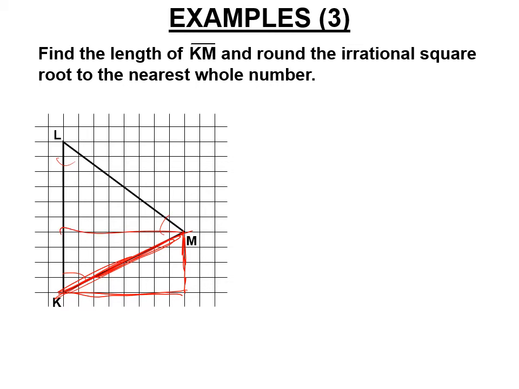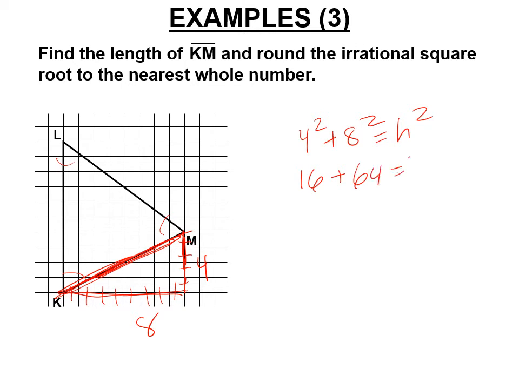Or you could draw it above, but we need a right triangle. And so this leg is 1, 2, 3, 4 units. This leg is 1, 2, 3, 4, 5, 6, 7, 8 units. So it's 4 squared plus 8 squared equals hypotenuse squared. 16 plus 64 equals h squared. 64 plus 16, 80. 80 equals h squared.